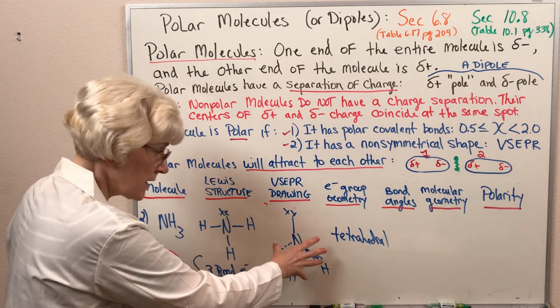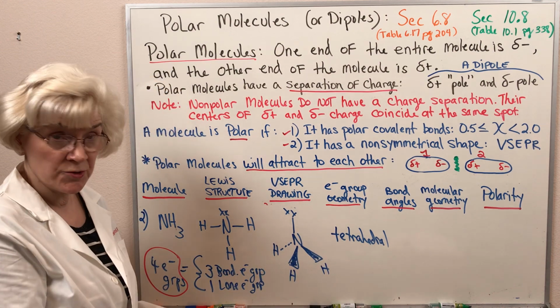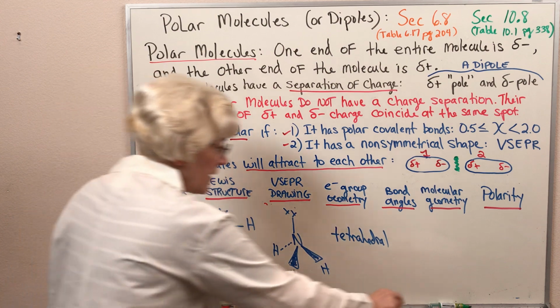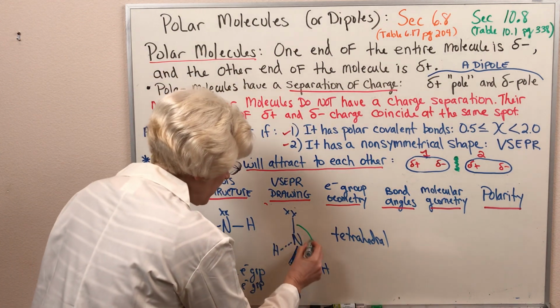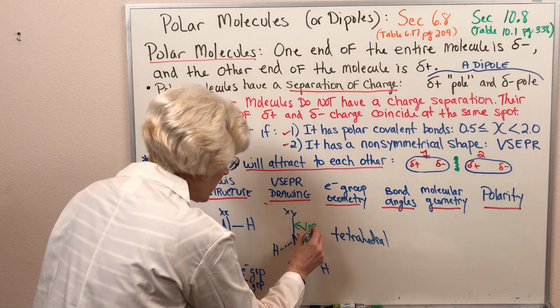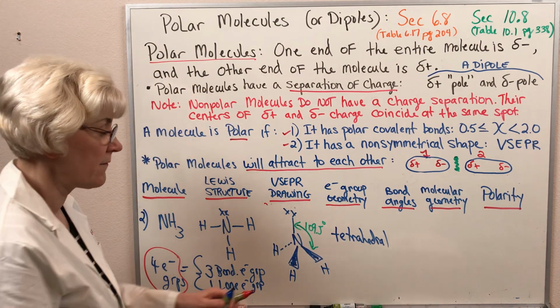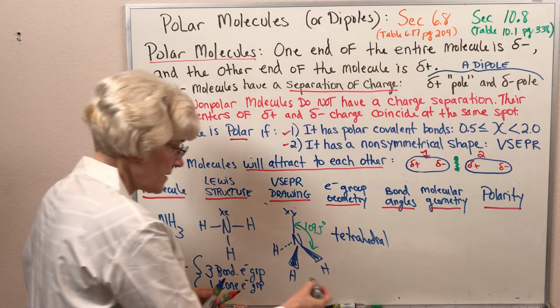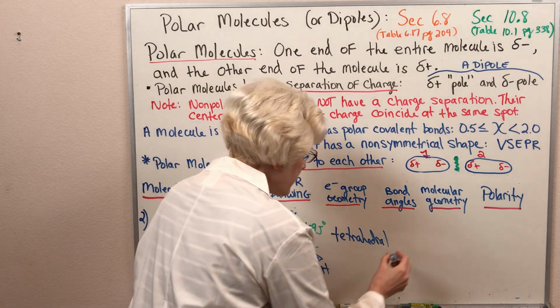So our electron shape is tetrahedral because we have 4 electron groups. The bond angle is also 109.5 degrees. Whenever you have an electron group geometry that is tetrahedral, bond angles will be 109.5.